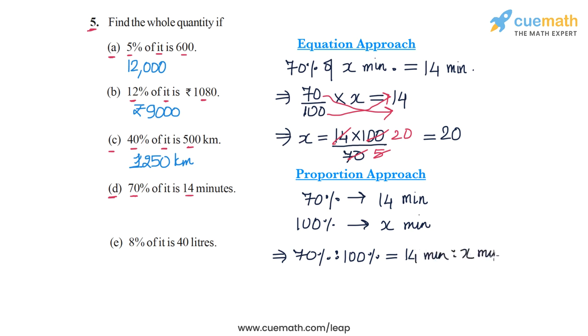So this is the proportion we can form, and we can write the left side ratio as 70 by 100 and the right side ratio as 14 by x. And once again, if you simplify this ratio in this equation and find the value of x, you will get x equal to 20. So in part D, the answer is that the whole quantity is 20 minutes. This is the answer for part D.